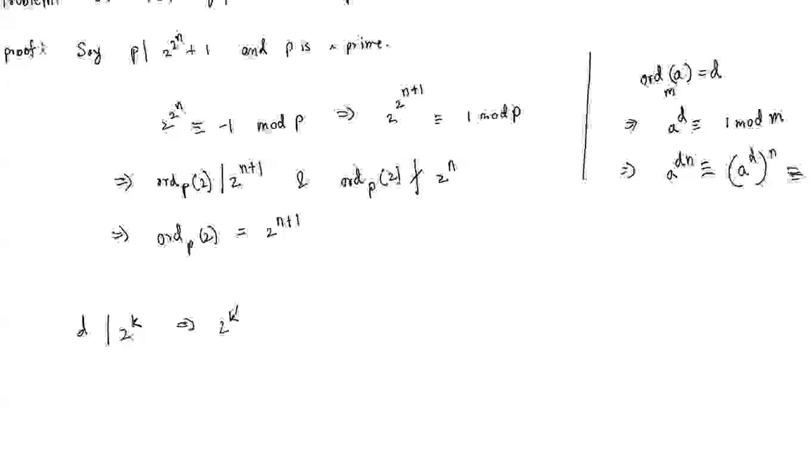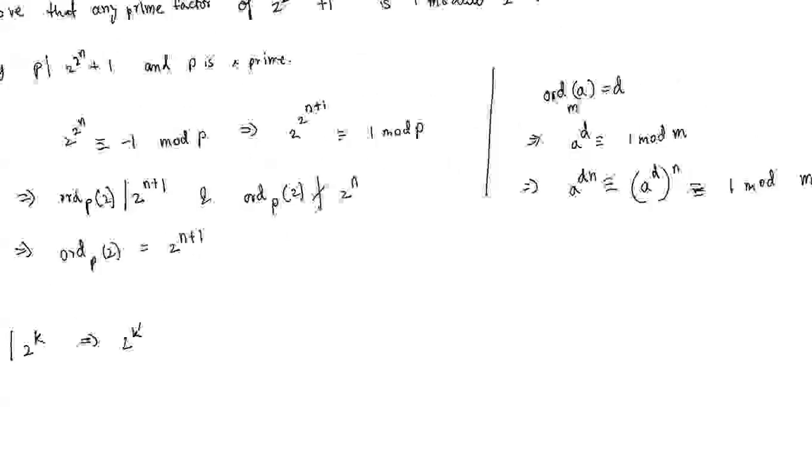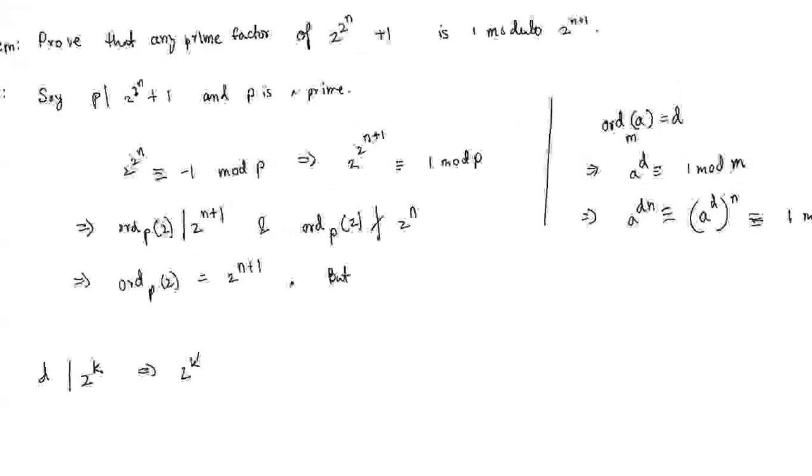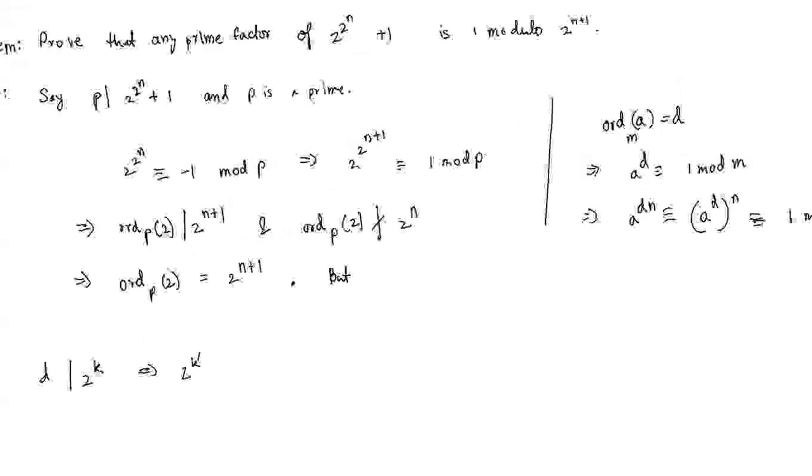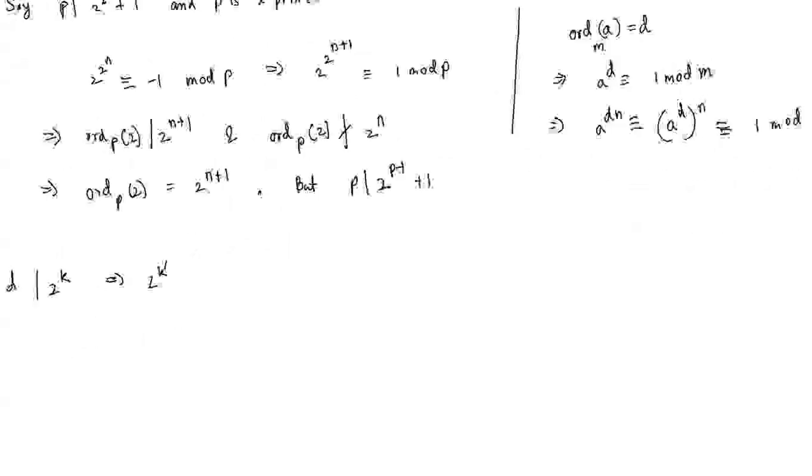By Fermat's little theorem, the order of 2 mod p is 2 to the power n plus 1. But we also know that p divides 2 to the power p minus 1, minus 1. So the order would divide it.